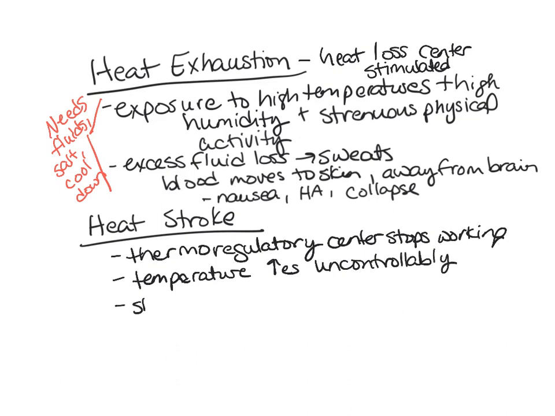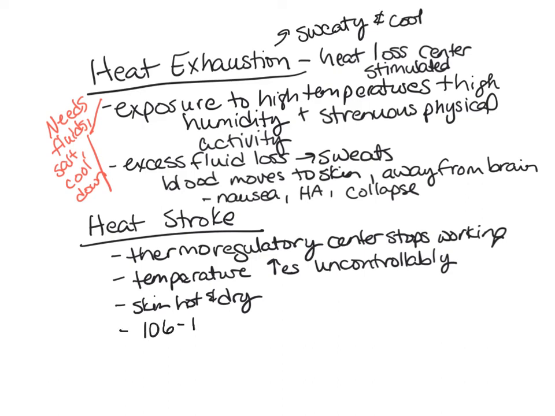The skin starts to get hot and dry, whereas with heat exhaustion, the skin would be sweaty and cool. The body temperature might rise to 106 to 113 degrees Fahrenheit. At these temperatures, cells die in the brain, the liver, the skeletal muscles, and the kidney.